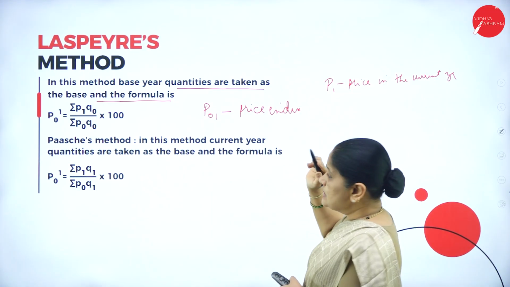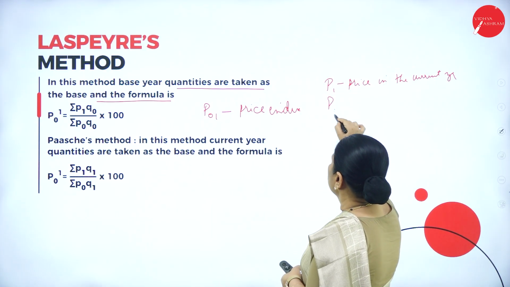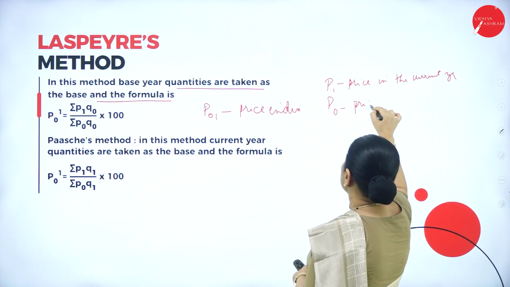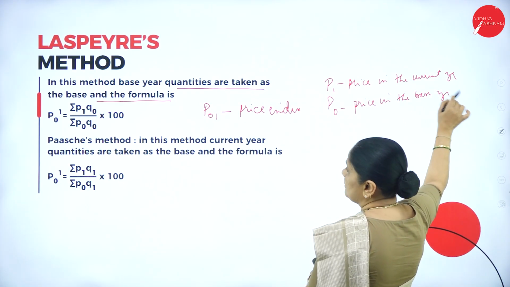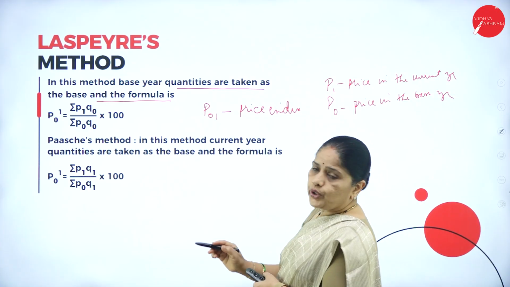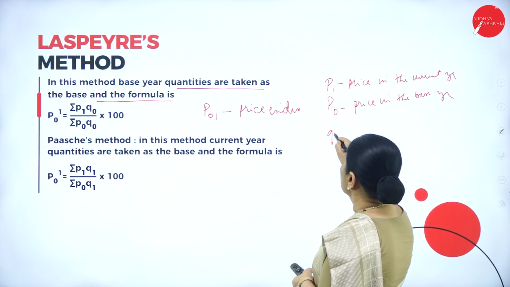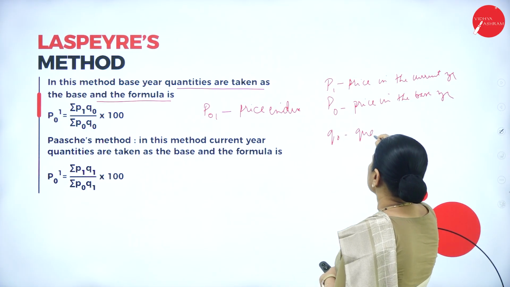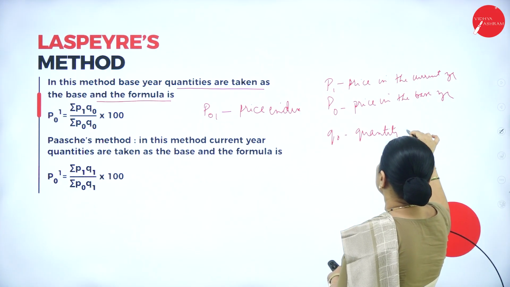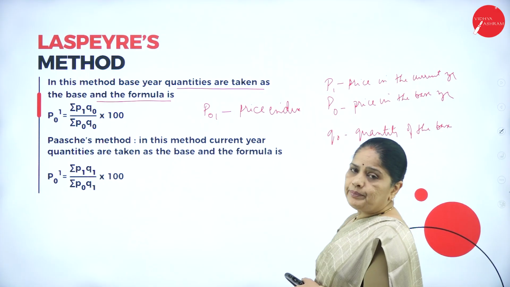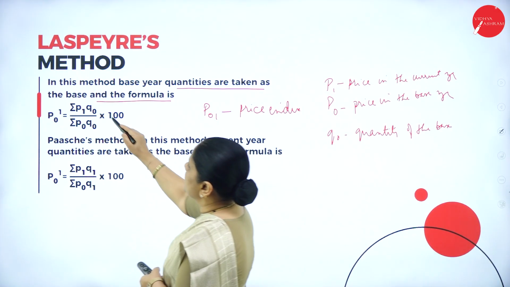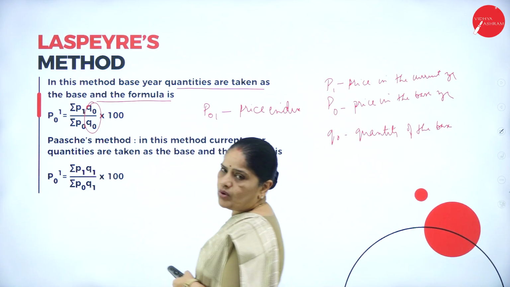P0 is the price in the base year, and Q0 is the quantity of the base year. So Laspeyres' formula is entirely based on the base year's quantity.